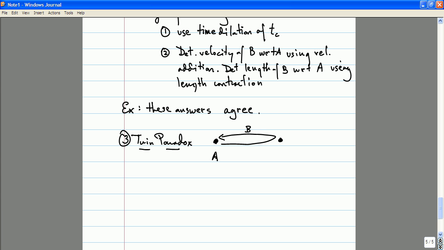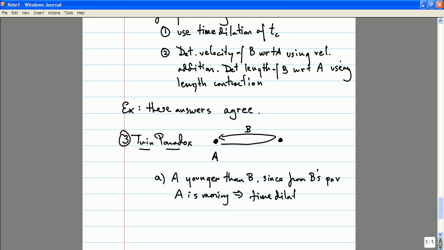And there are two possible answers. So we could say that A is younger than B, since, from B's point of view, A is moving, and hence time dilated.